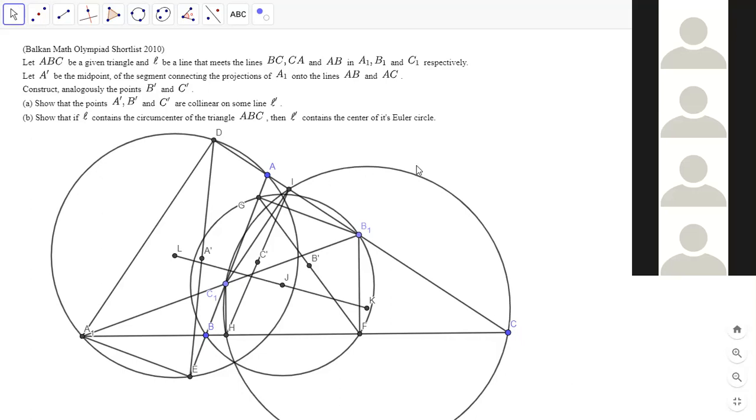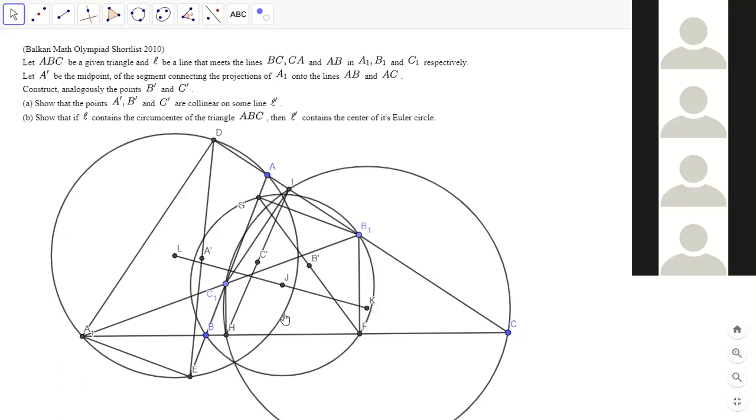I guess, is it obvious that these are coaxial? We use the radical axis. It is a special line. It's called a Steiner line. It passes through two orthocenters of the triangles, but I don't remember exactly which one.